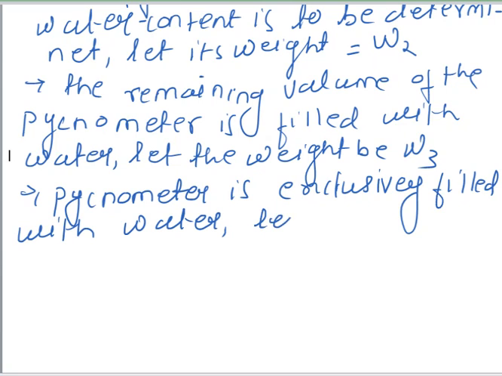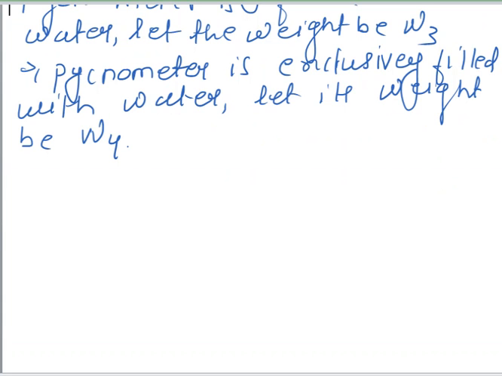Let its weight be W4. So there are 4 weights from which we have to derive the results for the water content. What will be the water content?